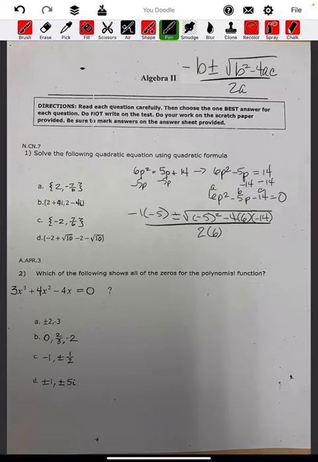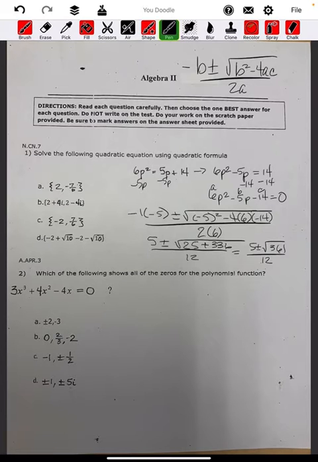Negative 1 times negative 5 gives me positive 5, and then plus or minus, and inside the square root, negative 5 squared is 25, and then negative 4 times 6 is negative 24, times negative 14 is positive 336. That's all going to be over 12. So I'm going to add 336 plus 25, you get 361. So that's going to be 5 plus or minus the square root of 361 over 12.